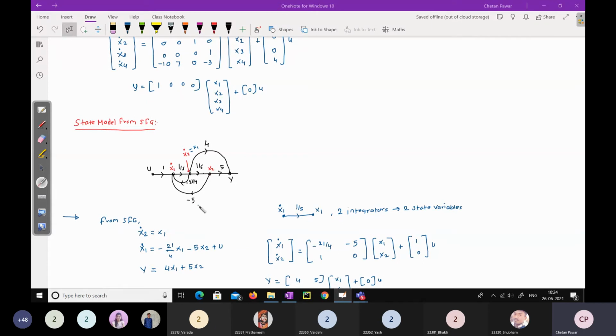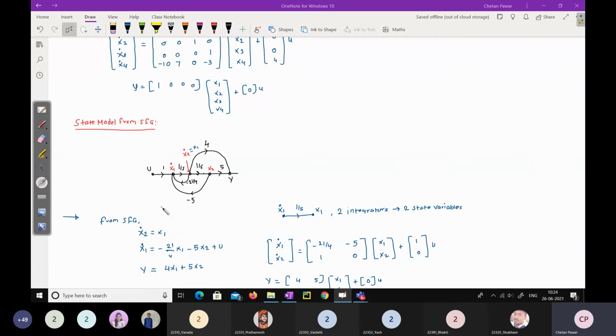Now from this particular SFG, what will be x2 bar? You just need to consider the incoming branches. What is the incoming branch to this x2 bar? This one only. So x1 bar is applied to the integrator and then it gets x2 bar, so that will be x1. So x2 bar is equal to x1.